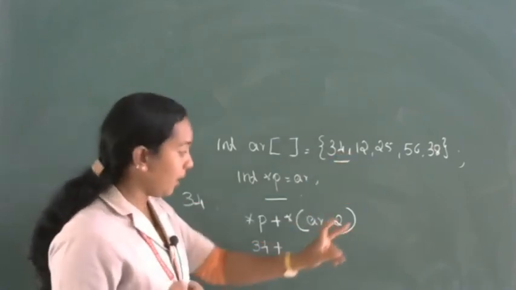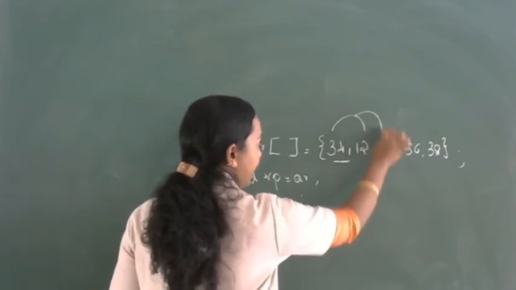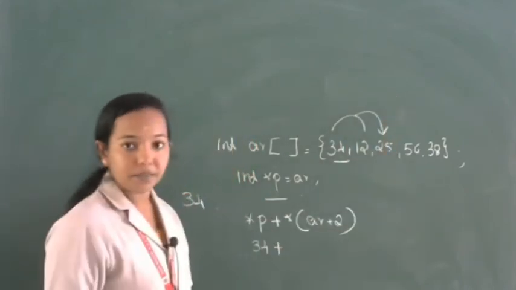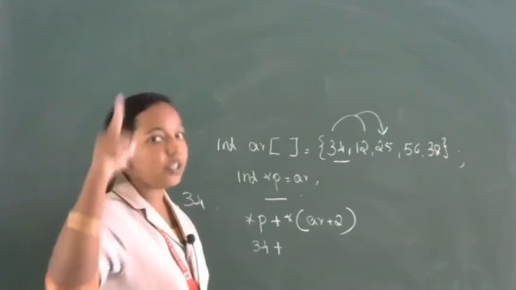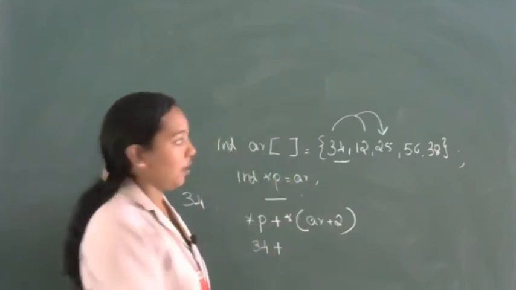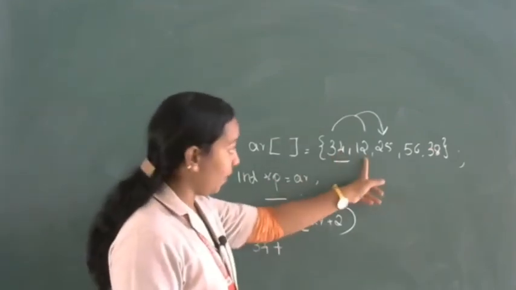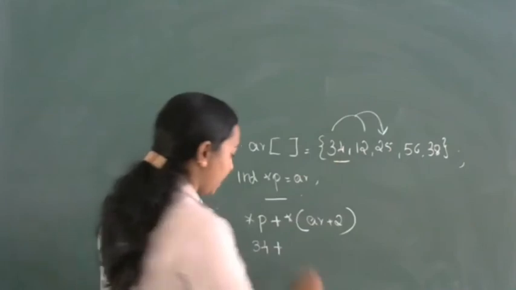If you increment it by 2, it will point to the second location. Now it is pointing to the 0th location; plus 2, it will point to the second location. So which is the value present here? 0, 1, 2.